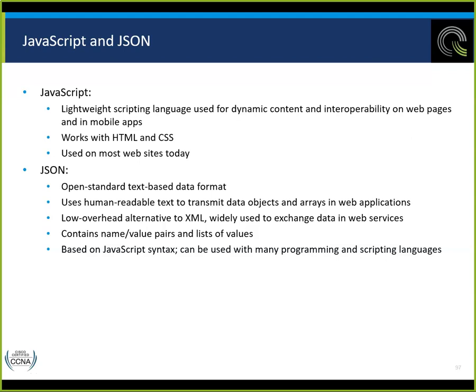But JavaScript is a lightweight scripting language used for dynamic content and interoperability on web pages. The one that we looked at a little earlier today uses JavaScript in order to create those tabs. We had the data, we had the template, and then we looked at the web page.